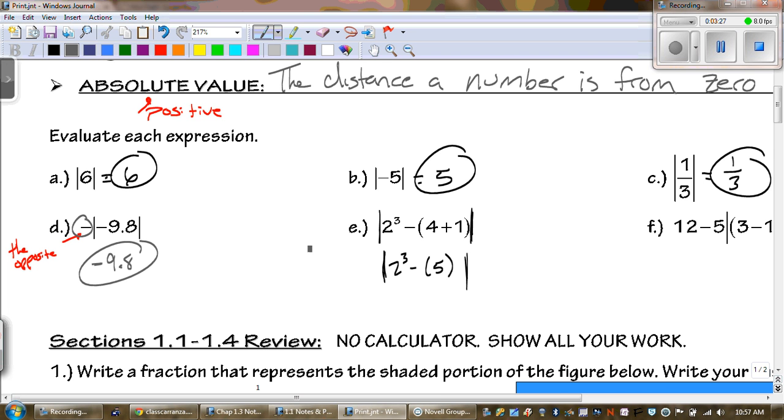And now we need to know 2 to the 3rd. Remember, that's 2 times 2 times 2. That gives you 4. So 4 times 2 is 8. 8 minus 5 is 3. And the absolute value of 3 is 3.